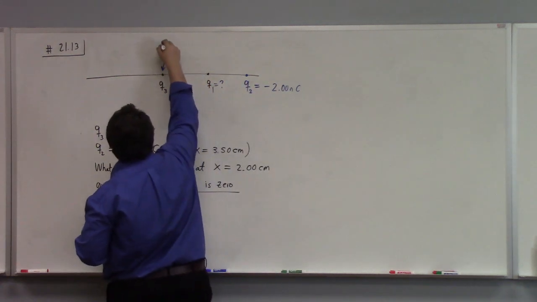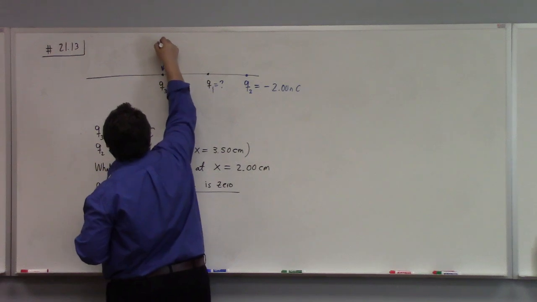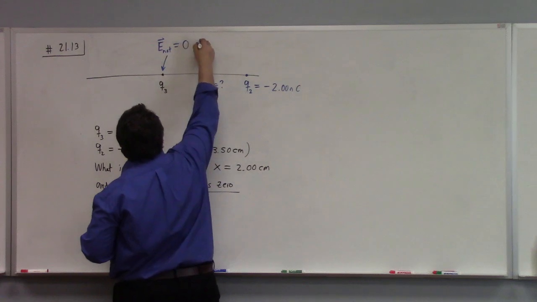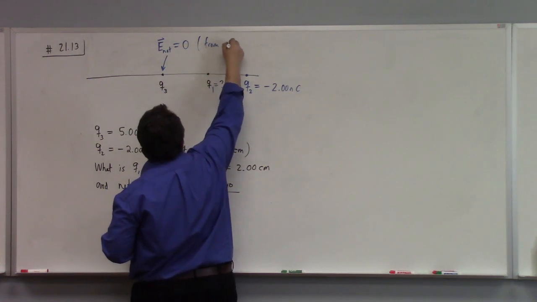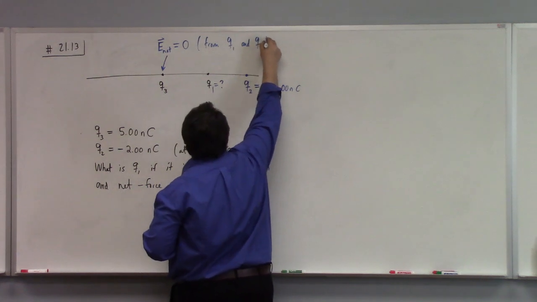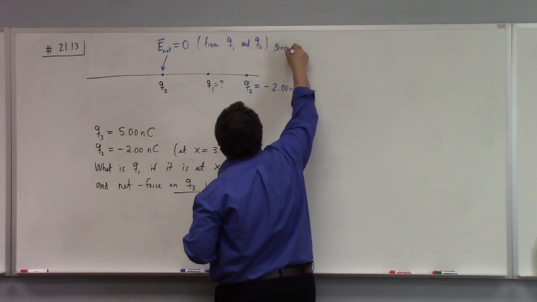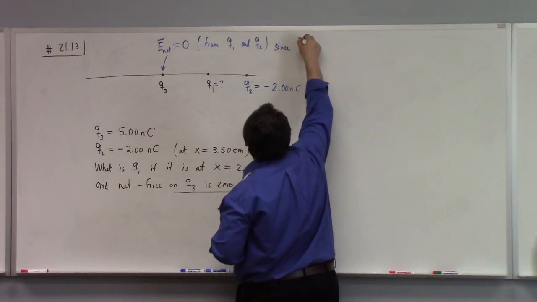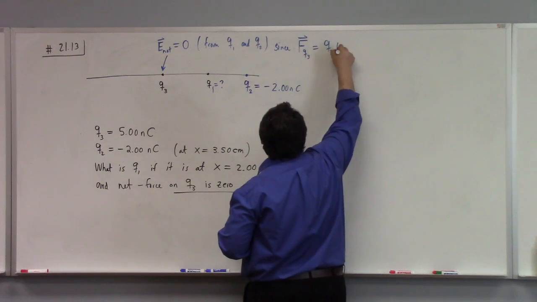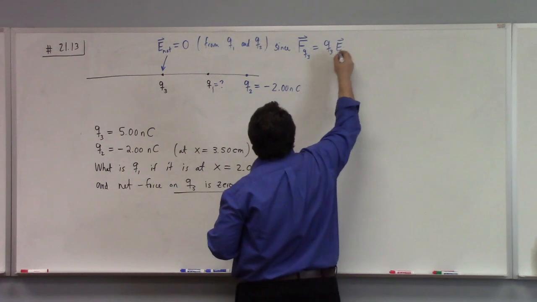So your thought is the net electric field here has to be equal to 0, right? This is from the force being 0, from Q1 and Q2, since the force on Q3 is equal to Q3 times the electric field due to the other charges there.